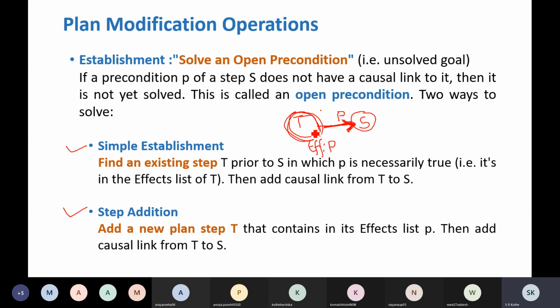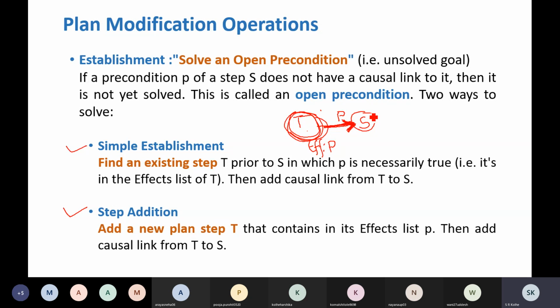We have established a link from T to S. So add a step so that its effect will satisfy the precondition of the following state. That is step addition, and because of that, it will establish a link from that added state to the state in question, that is S.